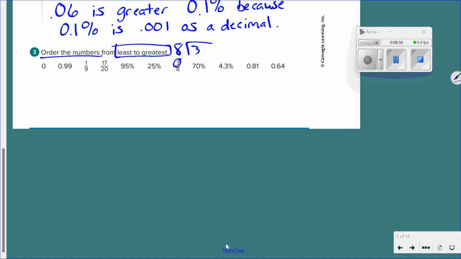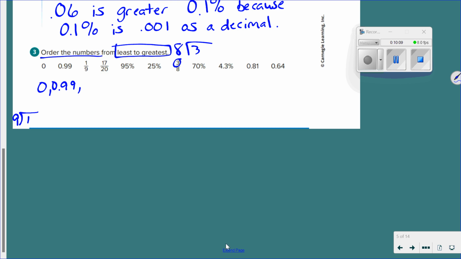Okay. So I gave you a hint at the beginning to turn all of them into decimals. So 0 is going to stay the same, and 99/100ths will stay the same. How would I make 1/9 a decimal? You're dividing the top number by the bottom number, your numerator by your denominator.